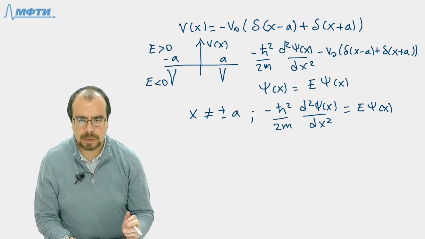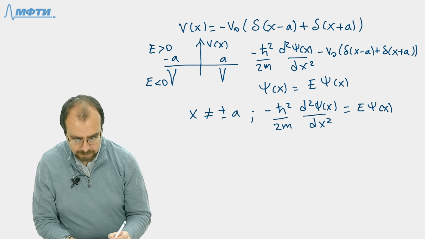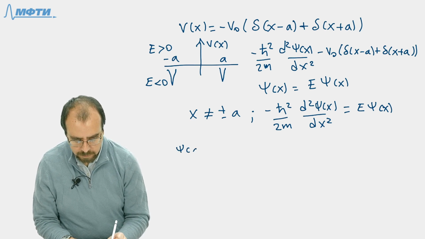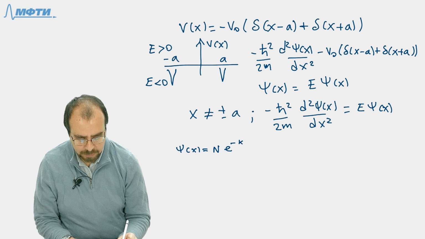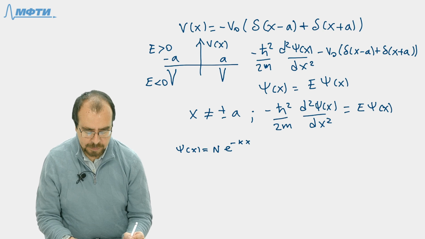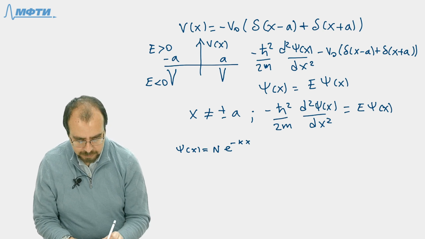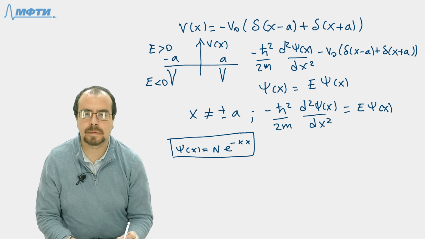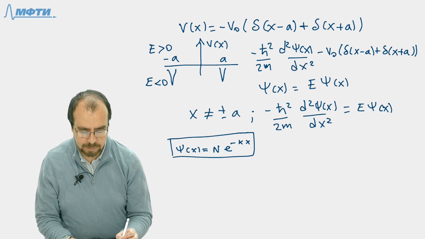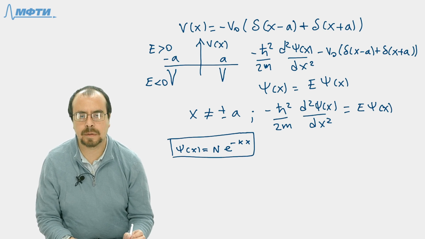So in that case, we can propose the solution of this Schrödinger equation as a normalization constant times e to the minus k x, with a parameter k, right? But the exact expression that this solution will take will depend on the region that we are located in.